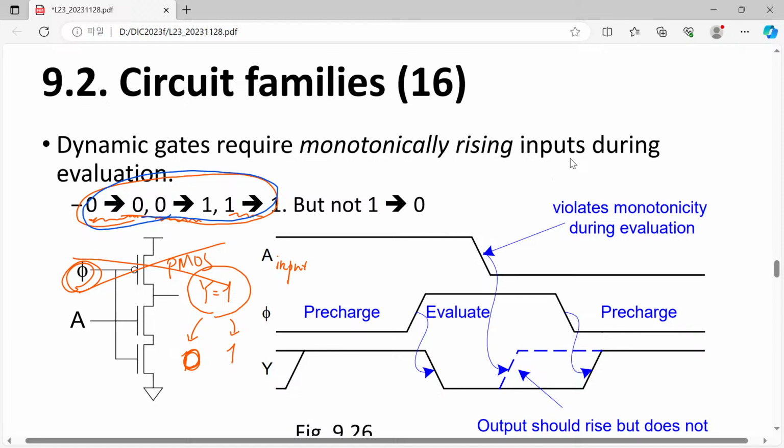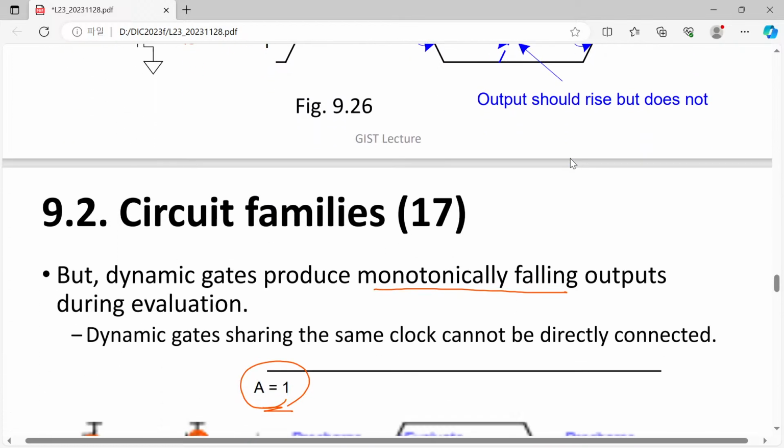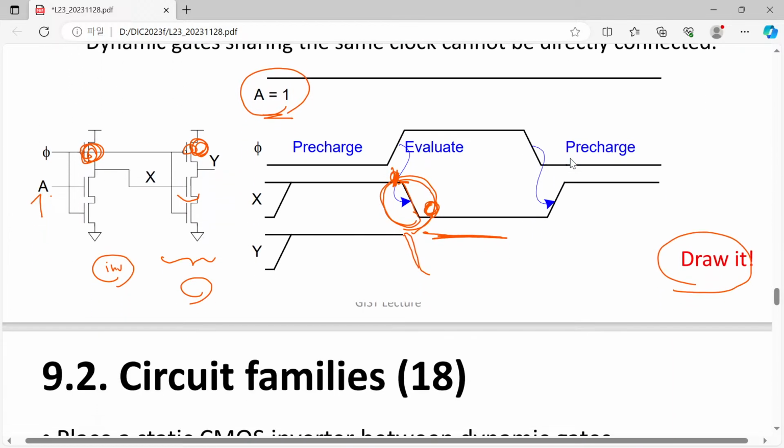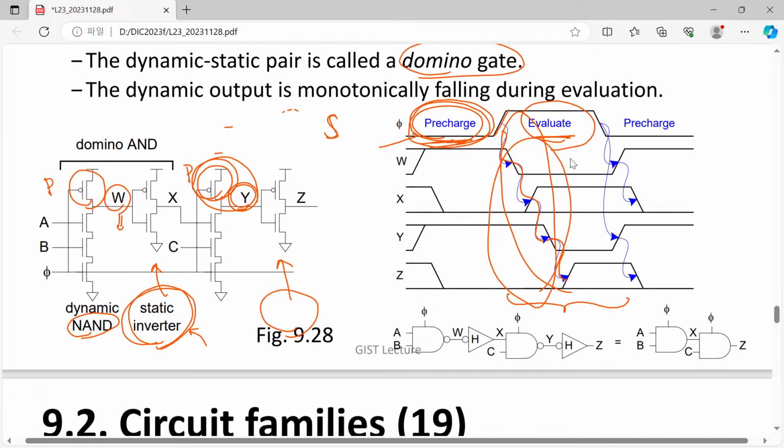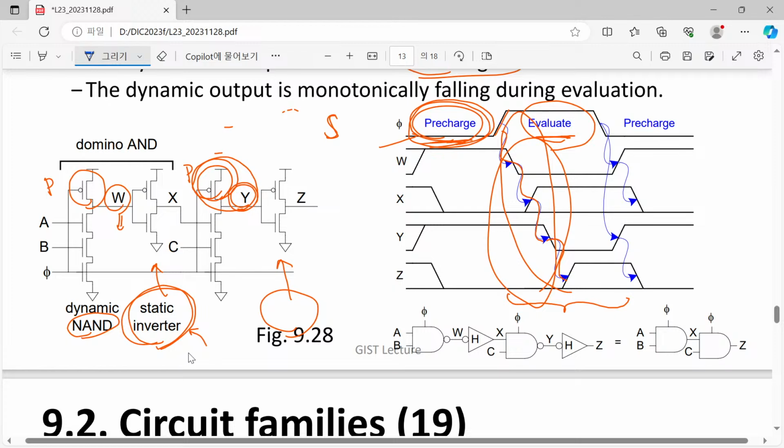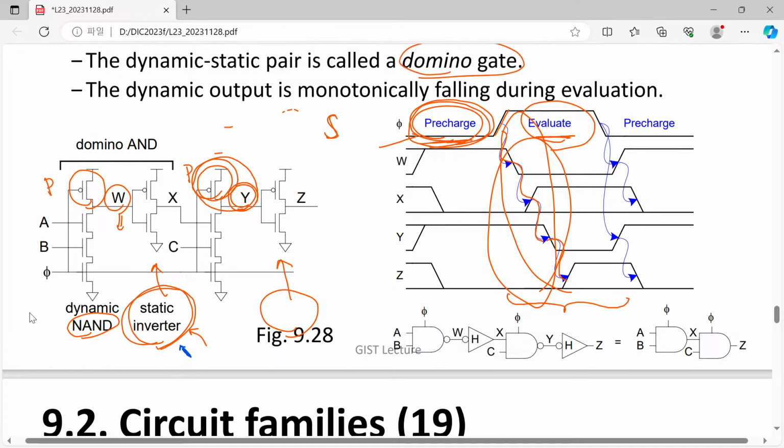So if we do multiple logic operations in a single clock period, then we have to introduce this kind of domino implementation in order to keep the monotonicity of our input signal. So that was the main lesson out of today's talk.